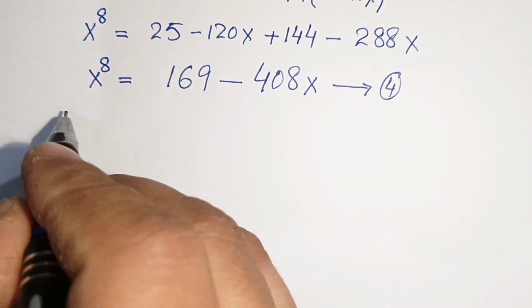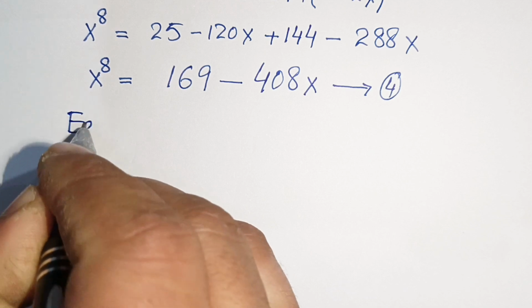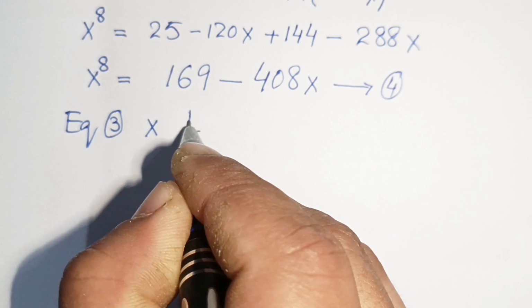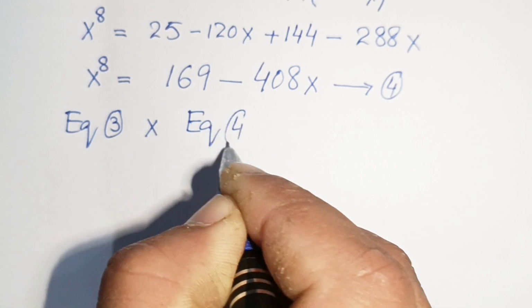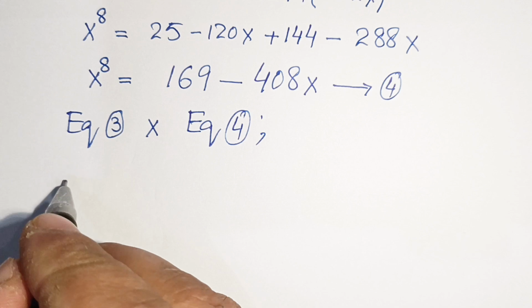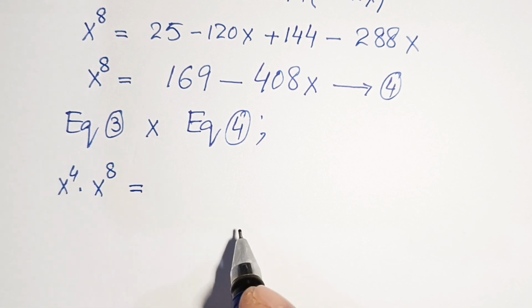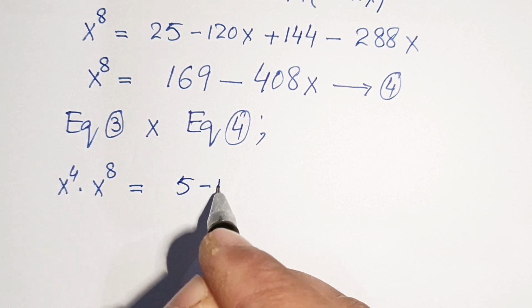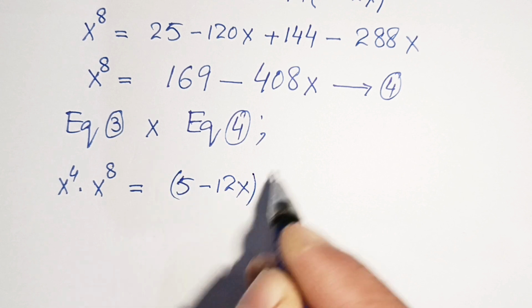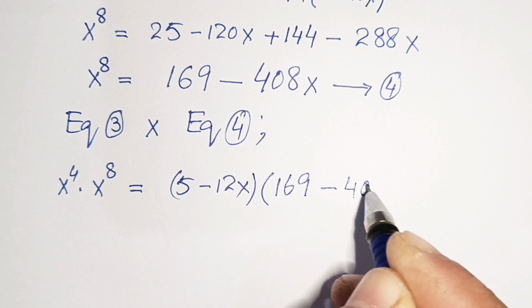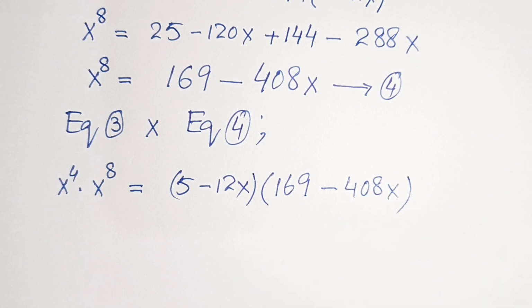So now equation number 3 is multiplied by equation number 4, then we get x to the power 4 times x to the power 8 is equal to, the right hand side of equation 3 is 5 minus 12x, and the right hand side of equation 4 is 169 minus 408x. Now we have to multiply this.